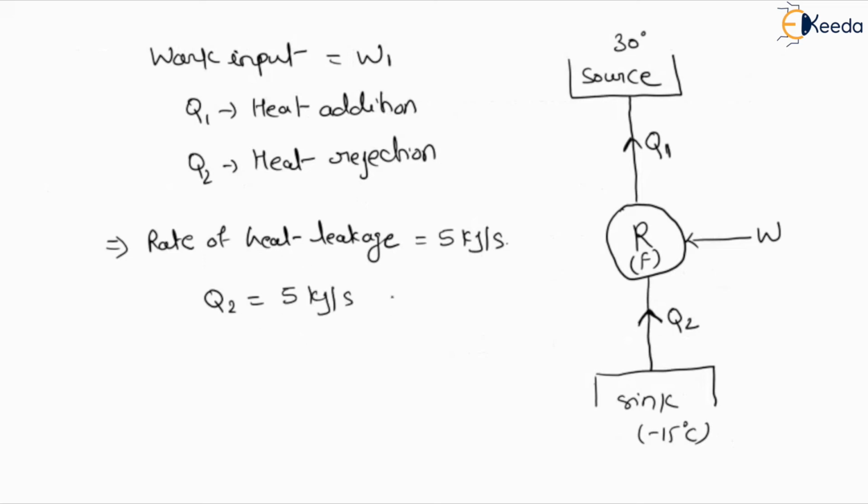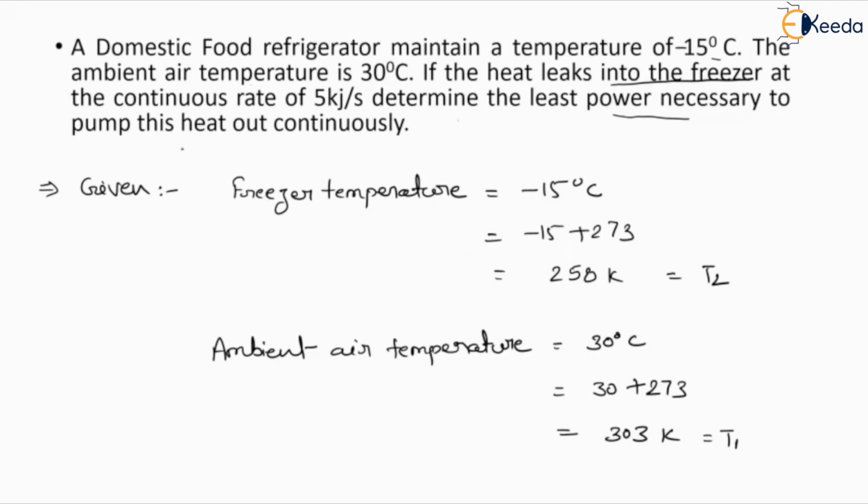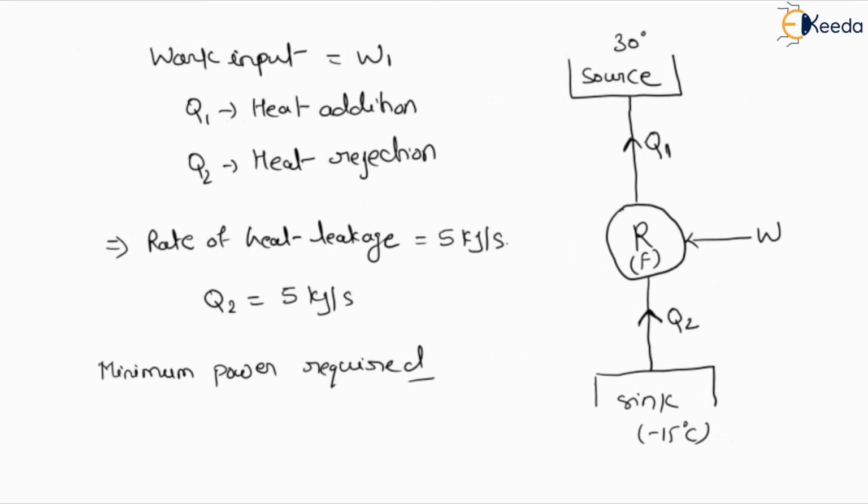Now we have to determine the minimum power required. Where will we use this minimum power? To pump the heat out continuously. So this heat, we can take opposite terms for Q1 and Q2.